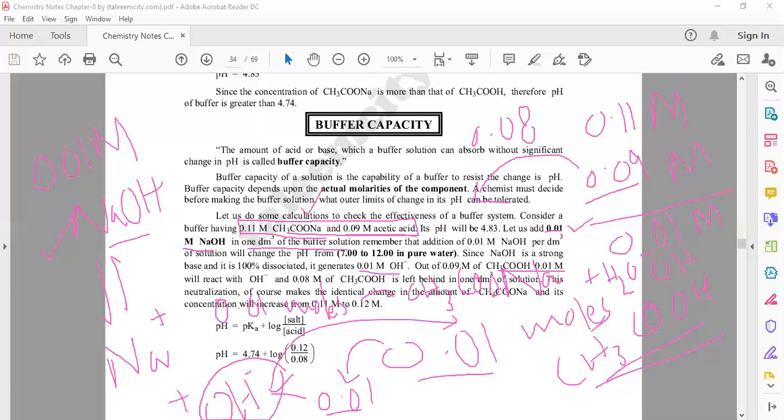Na पॉजिटिव में डेसोसिएट हो गया और OH नेगेटिव में डेसोसिएट हो गया. ये OH नेगेटिव हाइड्रोक्सिल आयन है, ये एसिड के साथ रिएक्ट करेगा और एसिड के 0.01 मोल्स के साथ रिएक्ट किया जिसकी वजह से एसिड के जो इनिशियल मोल्स थे वो 0.08 हो गए.